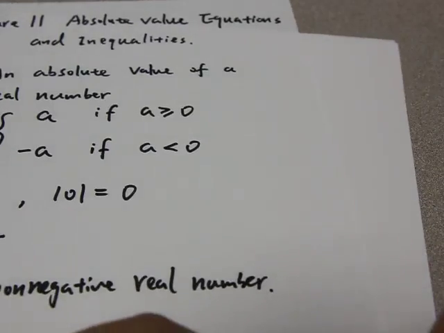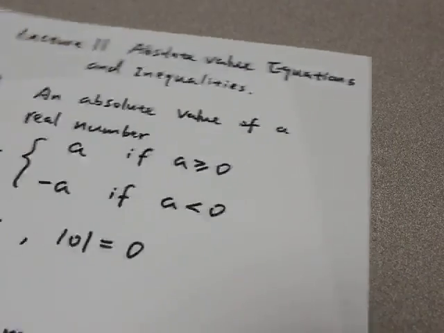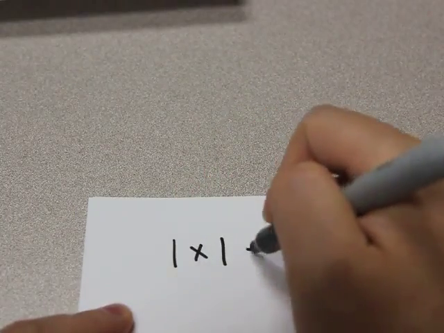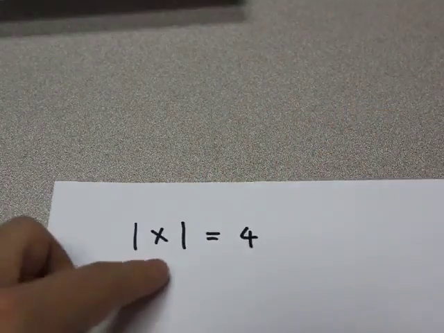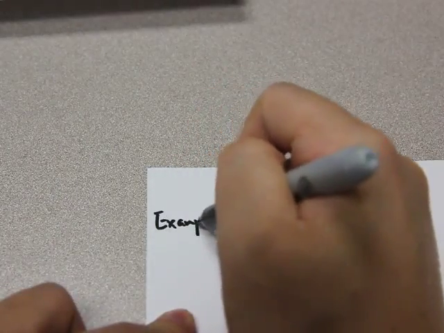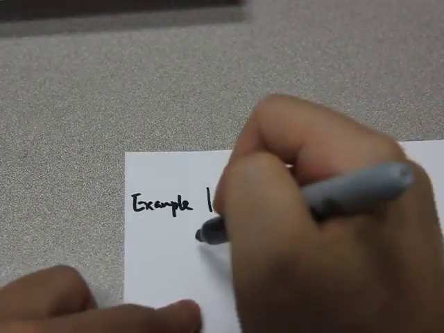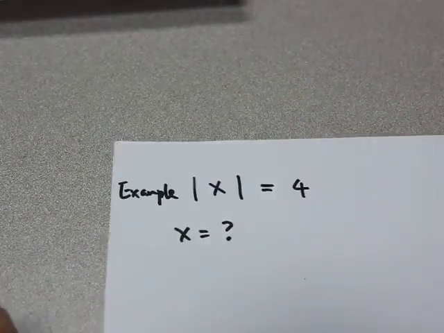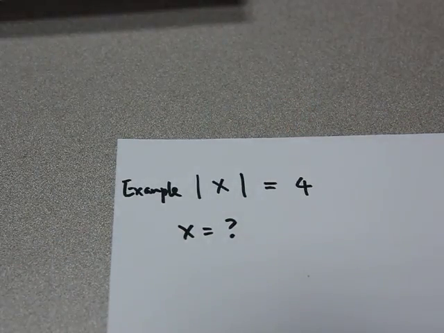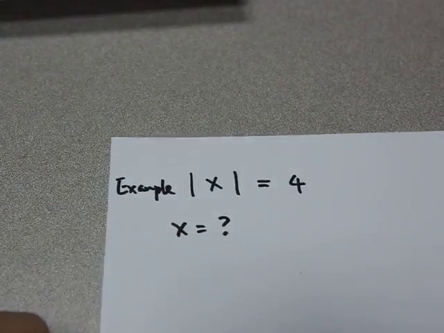Now we can use this property to solve absolute value equations. Let's see, here we have the absolute value of x equals 4. And we want to determine what is x, right? So just like solving an equation, we want to solve this equation for x.